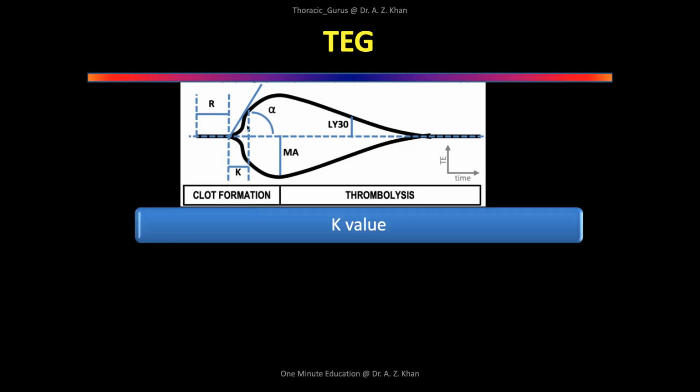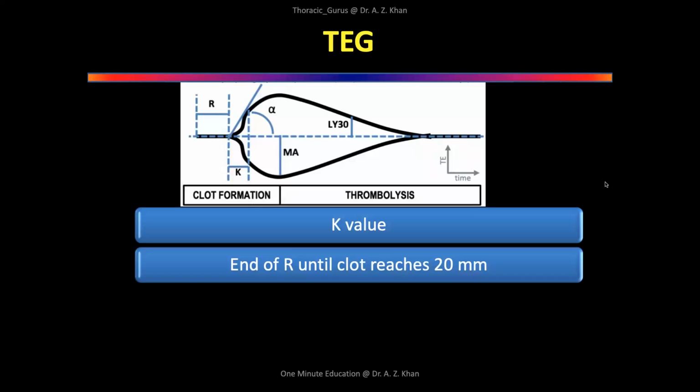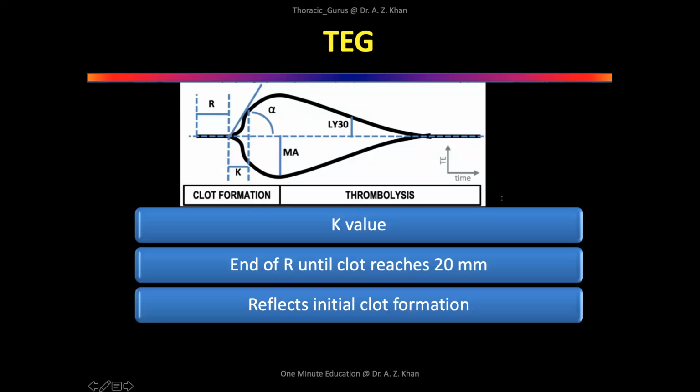What is K? End of R until the clot reaches 20 millimeters. Okay. So here R starts at 2 millimeters till the time it reaches 20 millimeters. It is called K, and K value specifically represents the clot formation.